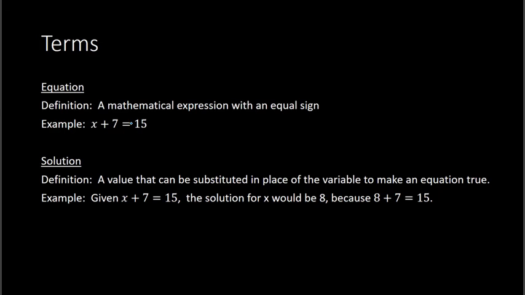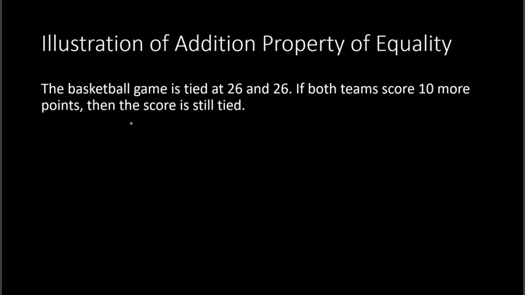Now, to illustrate how we can solve equations, we need to understand the addition property. So let's say, for example, you are playing a basketball game and the game is tied 26 to 26. So if both teams score 10 more points, the score will still be tied, right? If I add 10 to both teams' scores, it's going to be an equal statement.